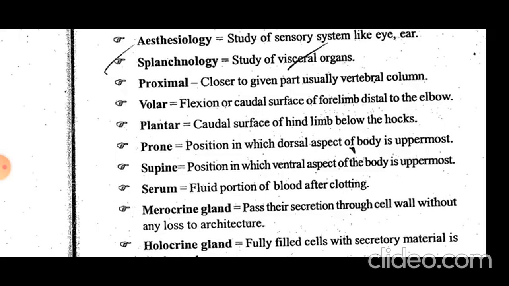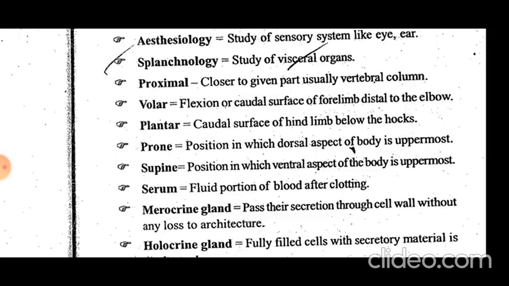So blood is cellular part plus fluid plus clotting protein, and serum is the fluid minus clotting proteins.